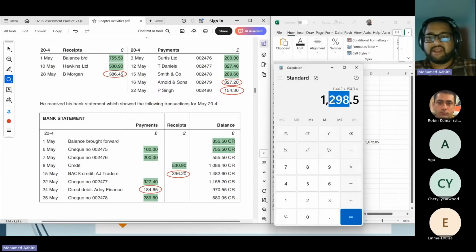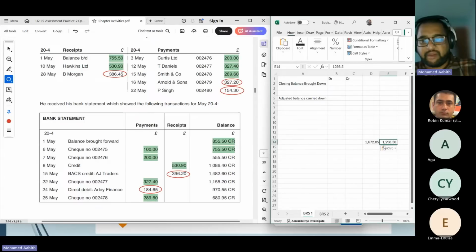So it gave me this figure here, 1,298 pounds and 50 pence. So this one, the closing balance brought down, is definitely a debit balance. Why? This is going to be this minus that. So that is going to be 374 pounds and 35 pence.